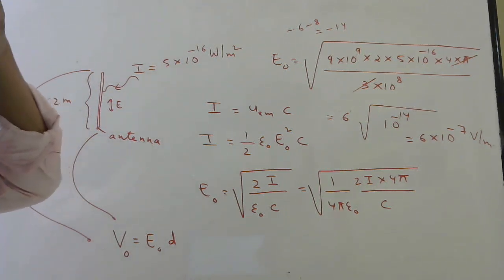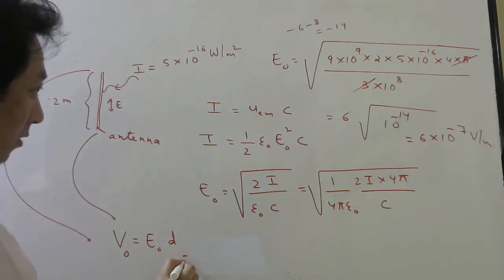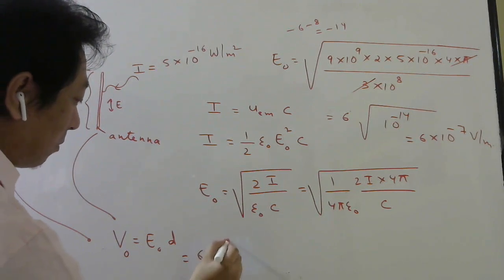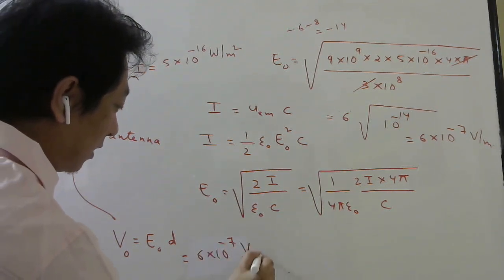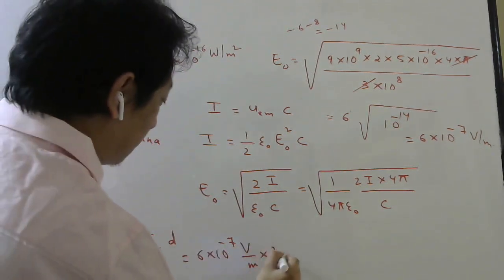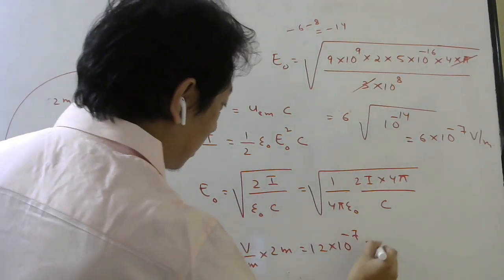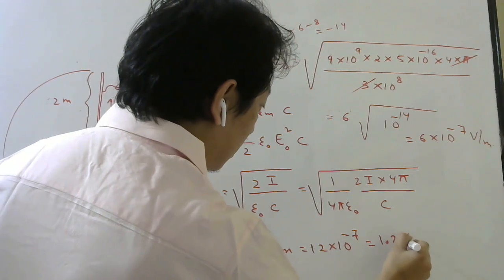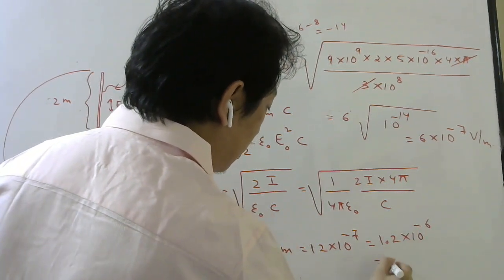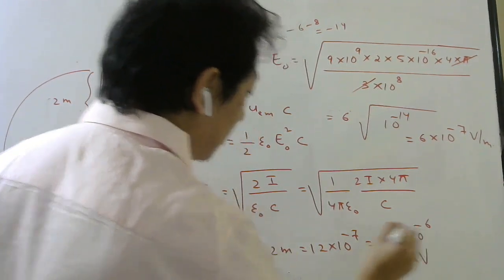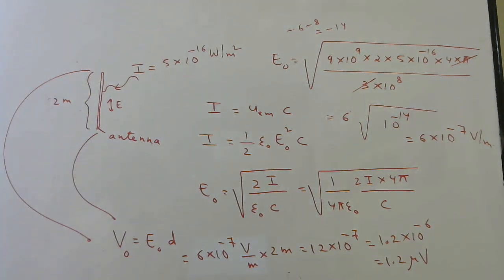This formula we have used in capacitors also. So this will be equal to 6 into 10 power minus 7 volt per meter into 2 meters, that is 12 into 10 power minus 7, which I can write as 1.2 into 10 power minus 6, which means 1.2 microvolt.